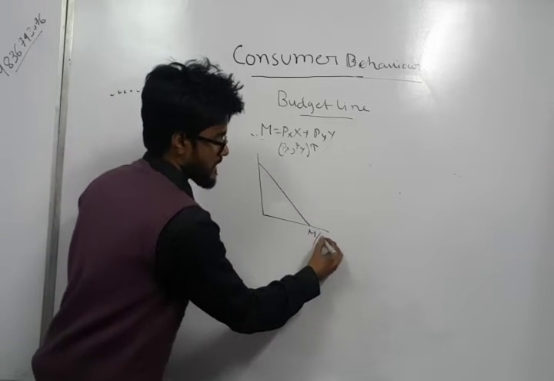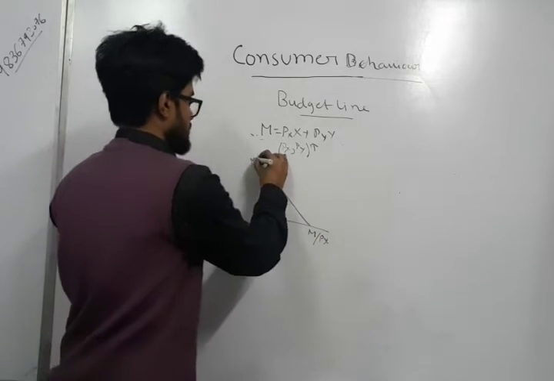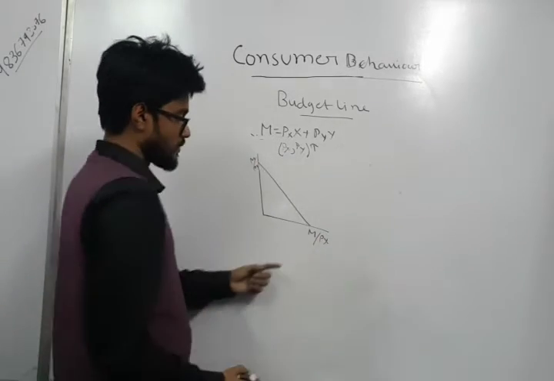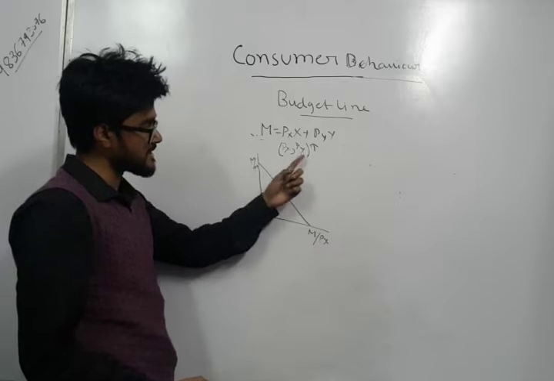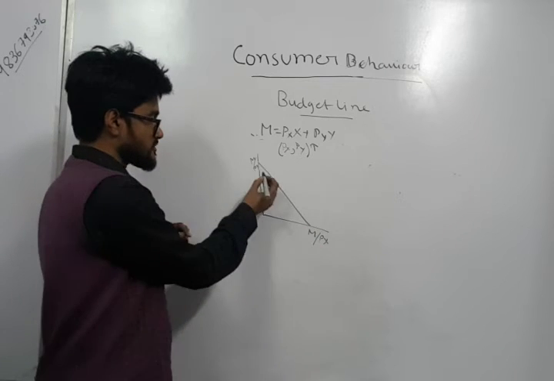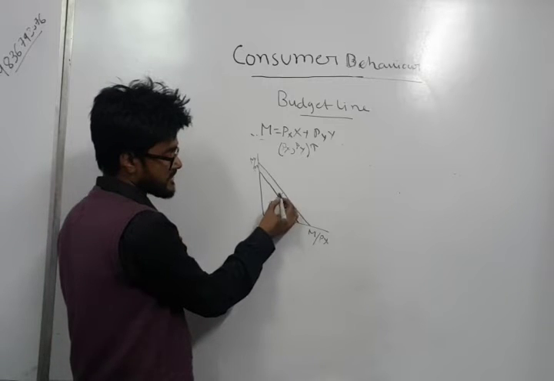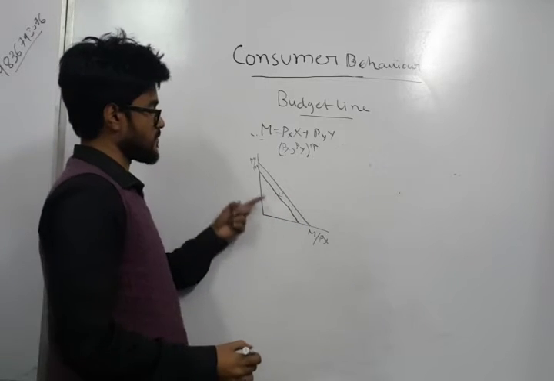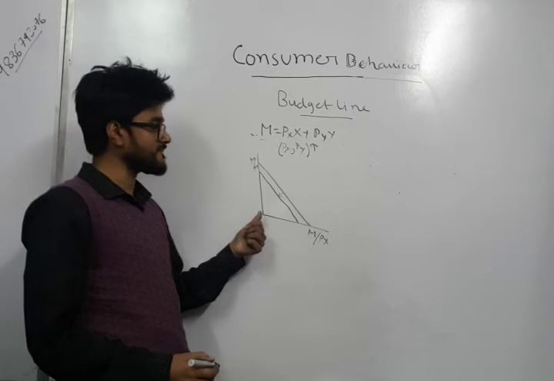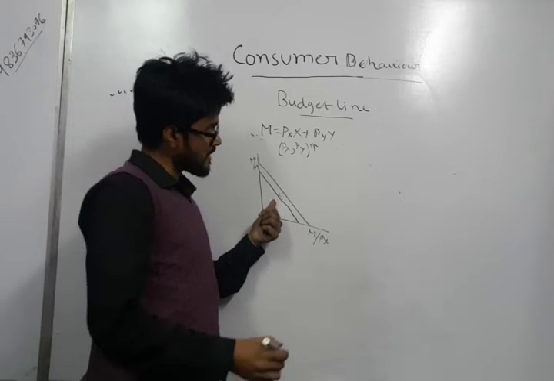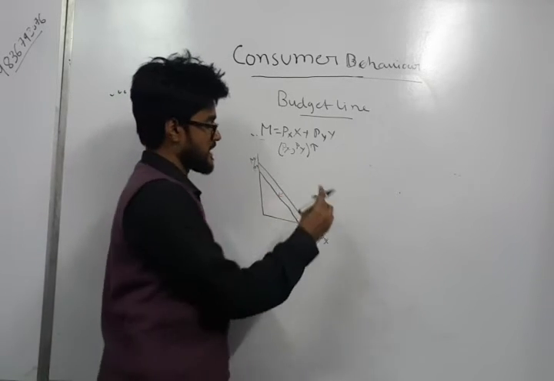It is written M by Px here and M by Py here. When Px and Py both increase, the budget line shifts downward simultaneously. When these two change, the budget line shifts downward, and we call it a shift in budget line.